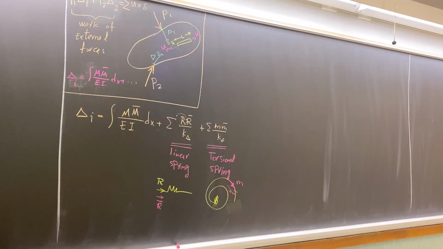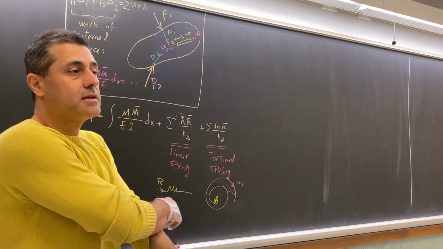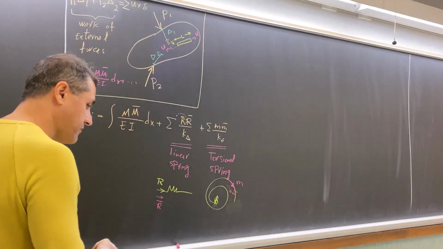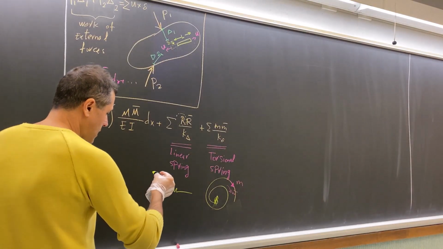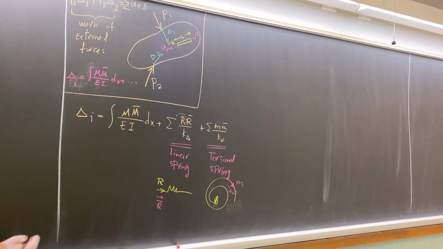Now, I have a reason for discussing this. It is about the sign. R and R bar, M and M bar. When are they positive, when are they negative? To avoid any confusion, is there anybody who can help with this? This is the force in the linear spring. You know that the force is negative when it is in compression.